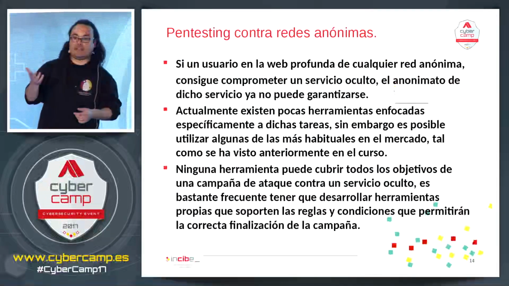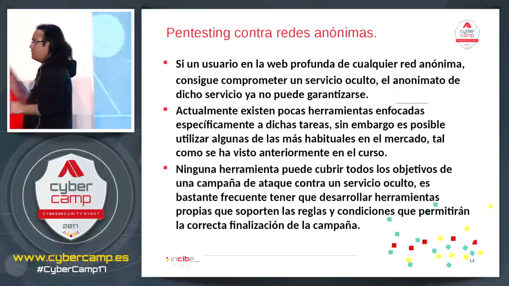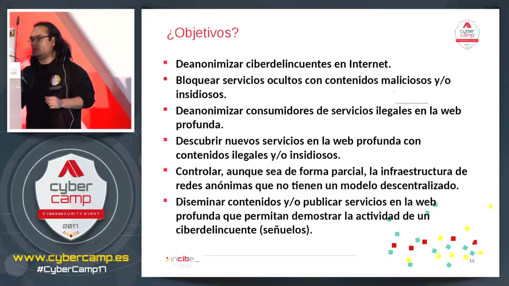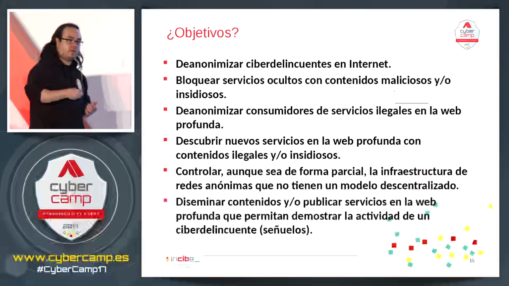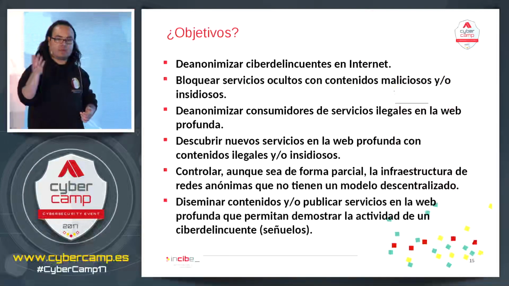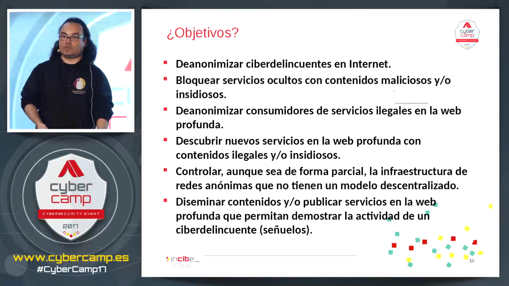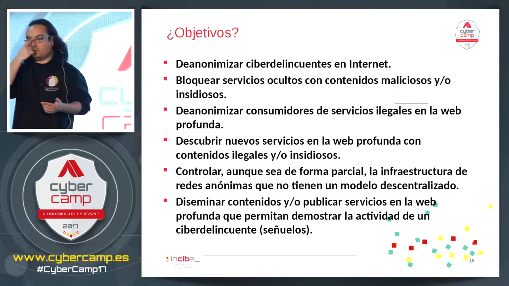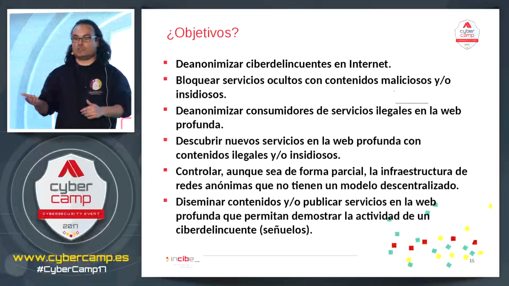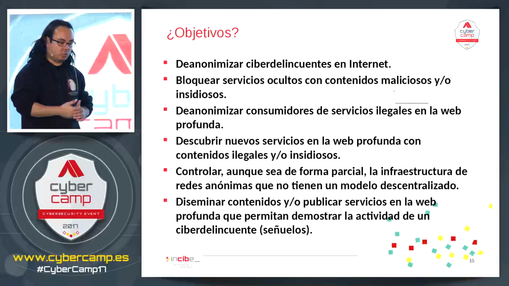This is a way of performing an attack against a hidden service in the Tor network. However, we have other goals. It's not always possible to attack hidden services because some services are correctly secured. This happens sometimes.